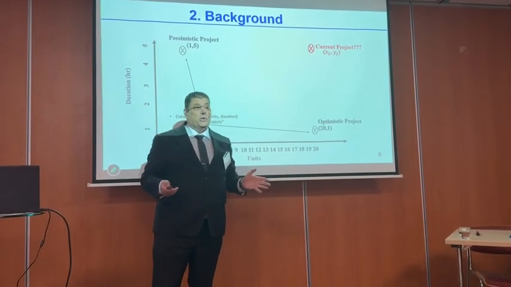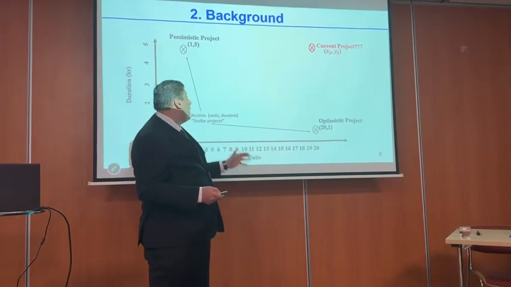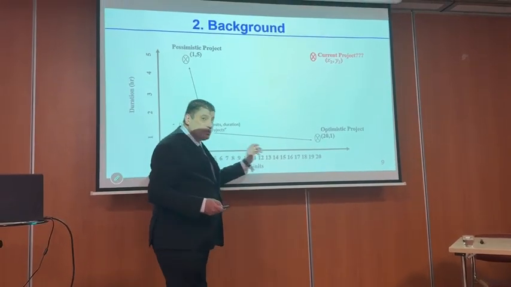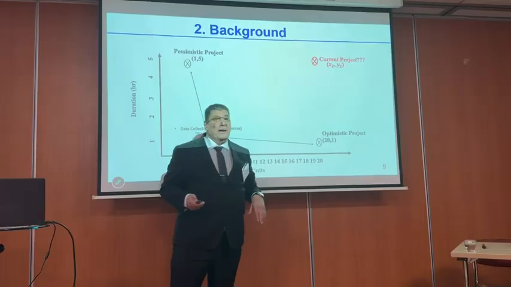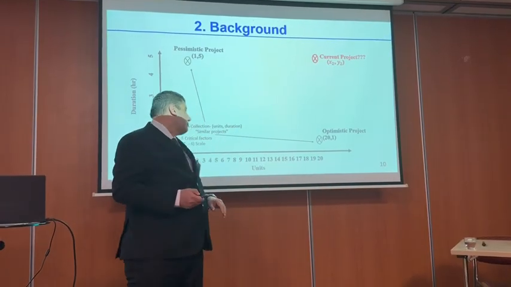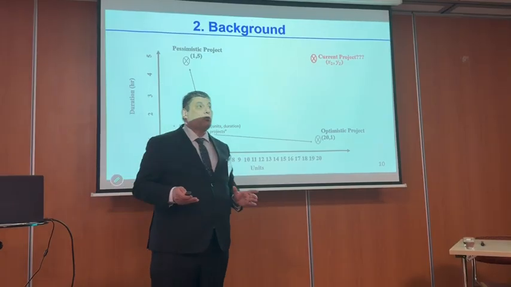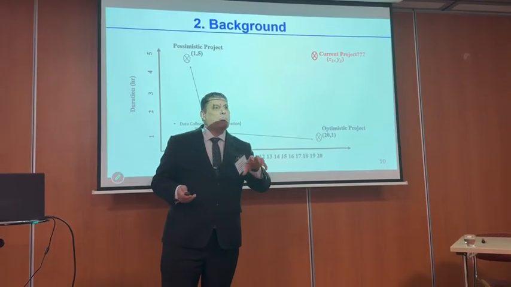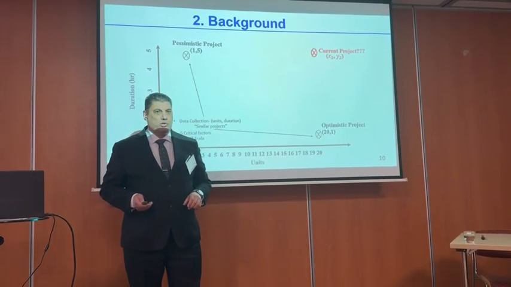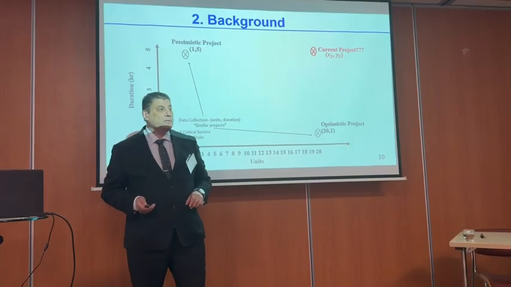We said, let's investigate why this is pessimistic, why this is optimistic, and also the current project, using some factors. We collected the most, 21 factors that affect the productivity of construction activities.